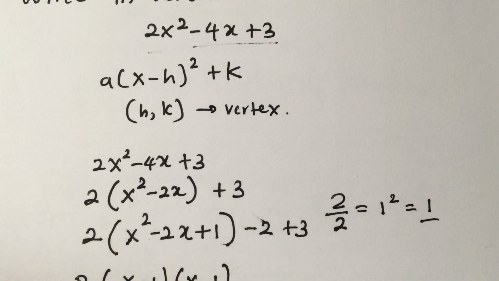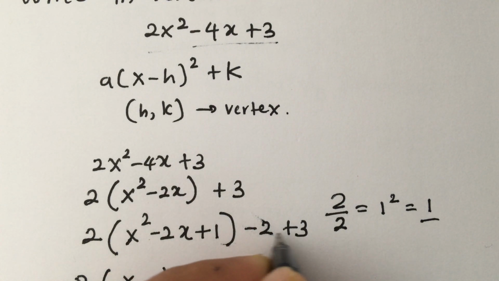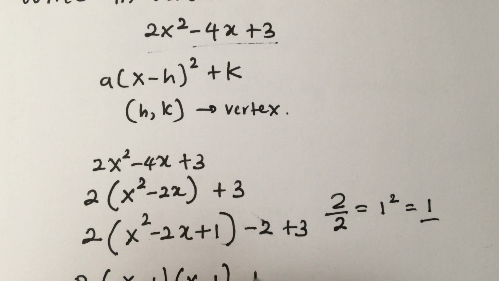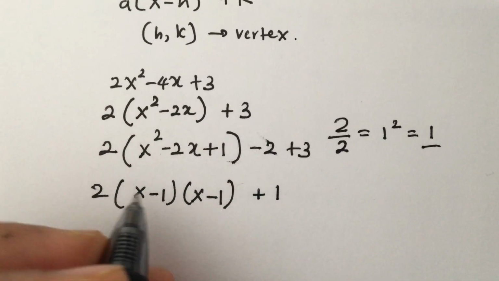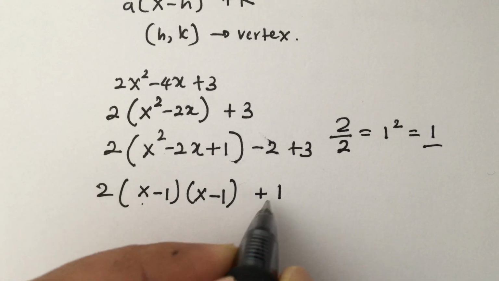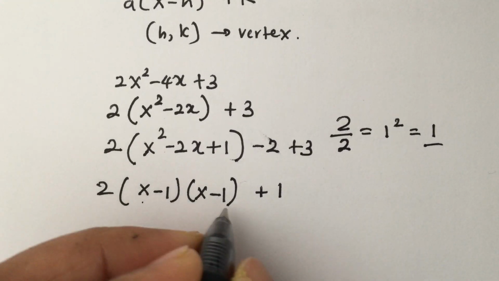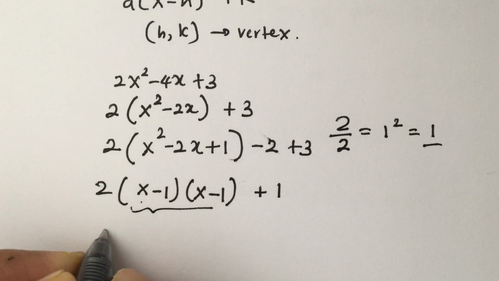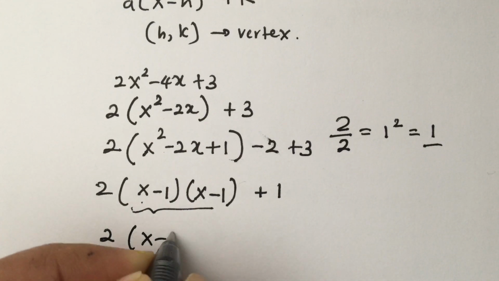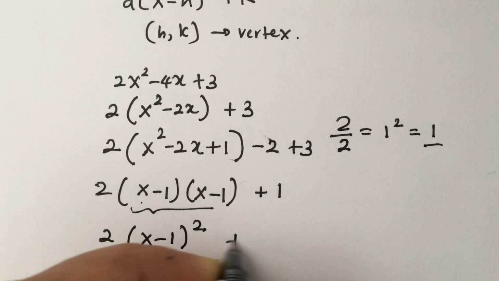It should be negative: (x minus 1) times (x minus 1). And this one is negative 2 plus 3, which is positive 1, right? x minus 1, and plus 1. So this is the perfect square. It is 2 times (x minus 1) squared plus 1.